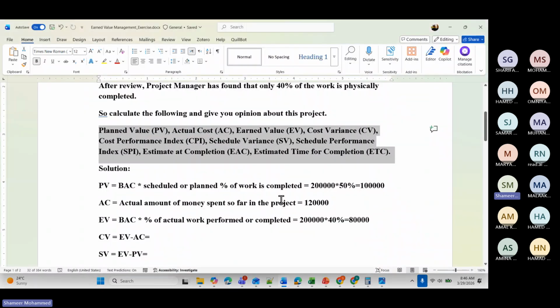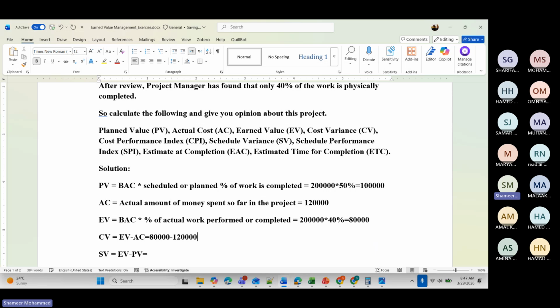Now see, earned value is 80,000 minus the actual cost of this project, 120,000. So now what is the answer? Do the minus and tell me.